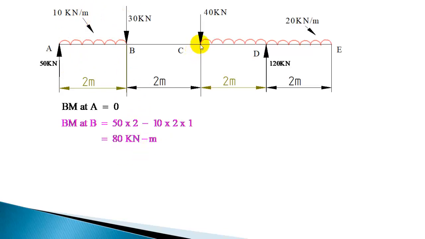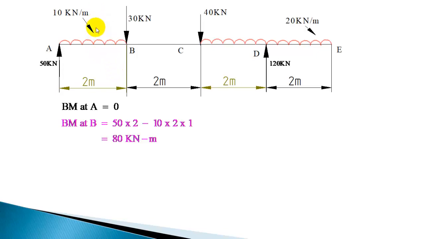Now if you calculate the bending moment at C, 50 is producing a clockwise moment, 50 into 4. This part of UDL is 10 into 2, 20. 20 acting at a distance of 1 meter, at the center of 2 meter. From C it is 2 plus 1. This is 2 plus another 1. So 20 into 3. So that will produce a counterclockwise moment.